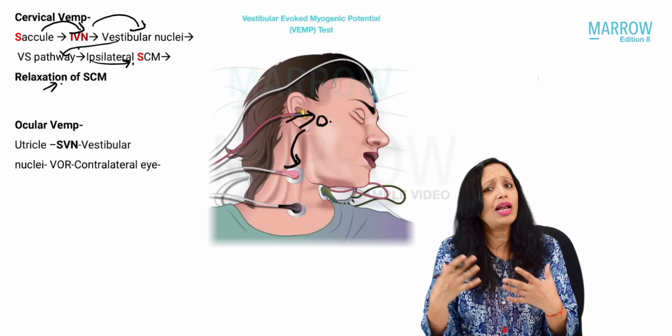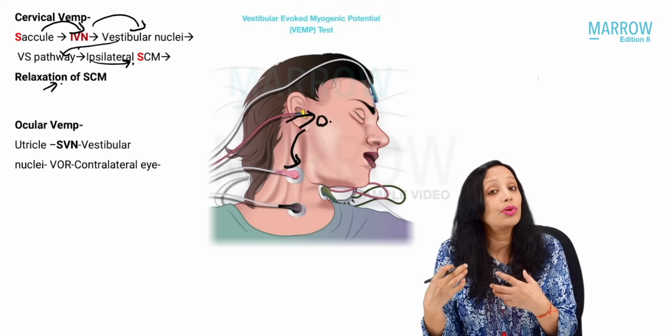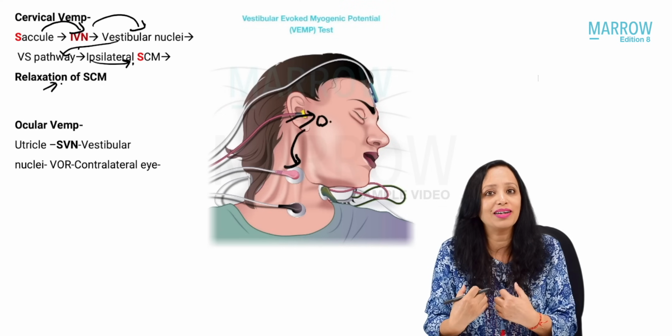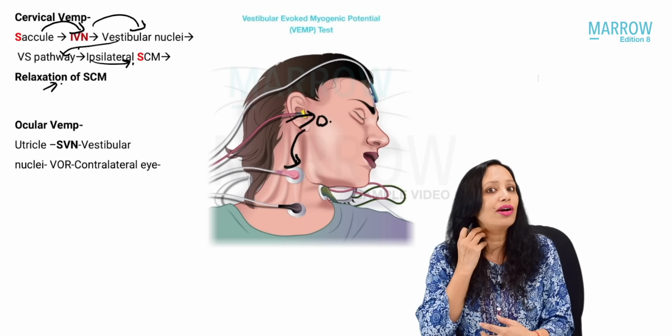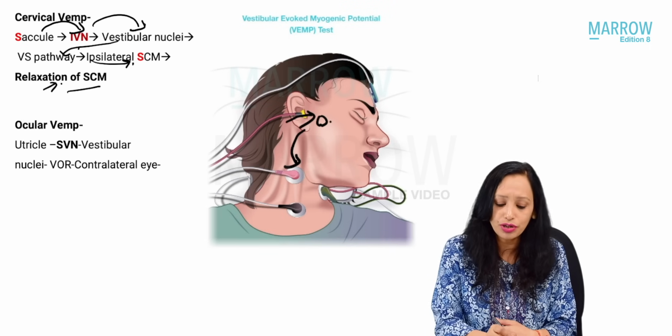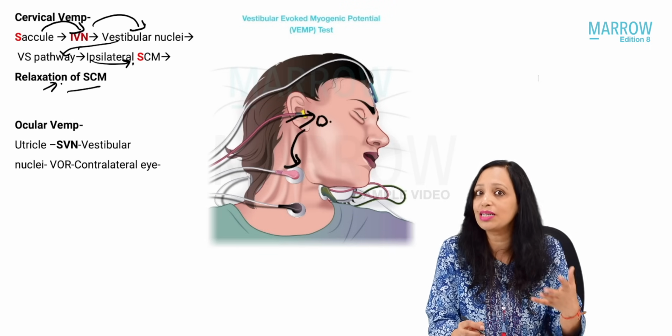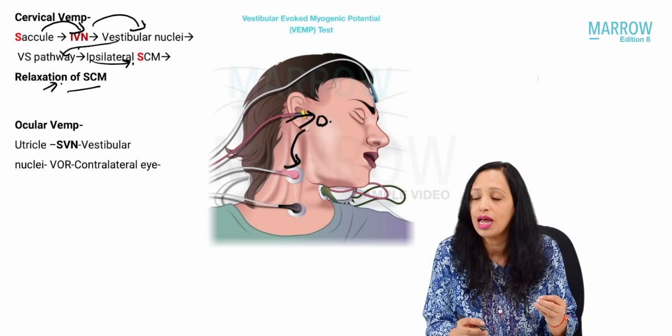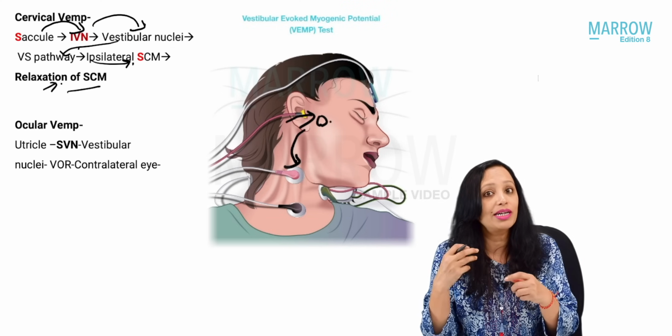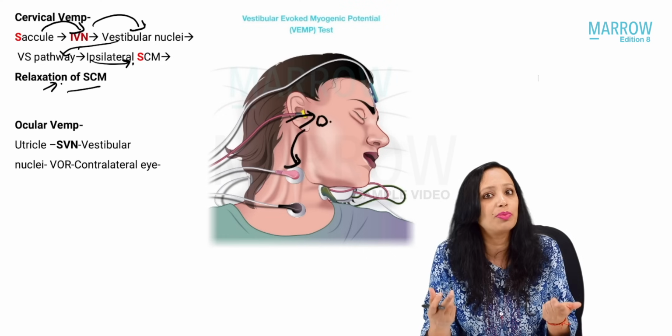So if a very loud sound is given to your ear or my ear and it is recorded, the relaxation of the sternocleidomastoid is what is known as vestibular evoked myogenic potential. It is a potential of the muscle, but it is evoked by the vestibular stimulation.